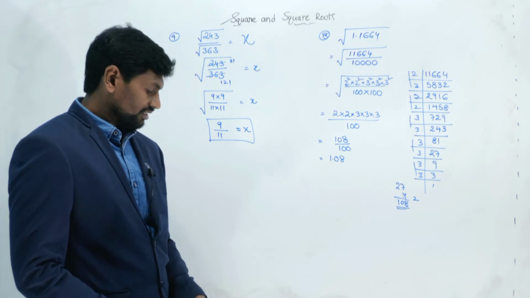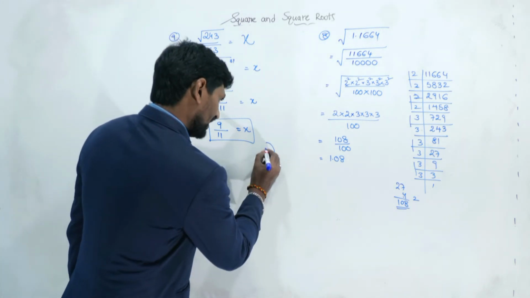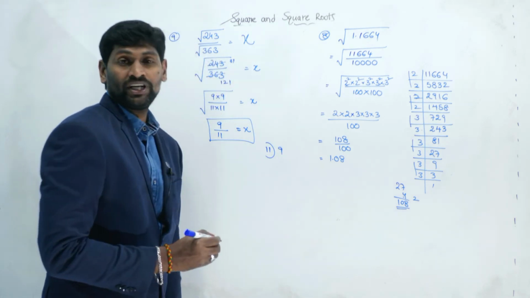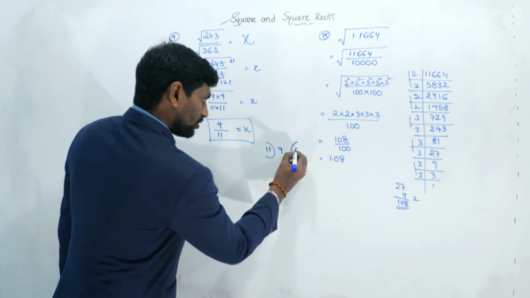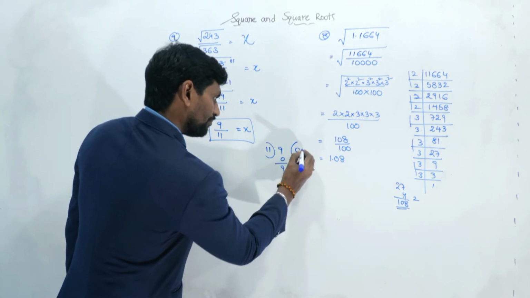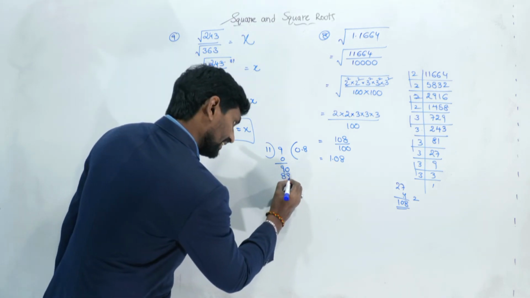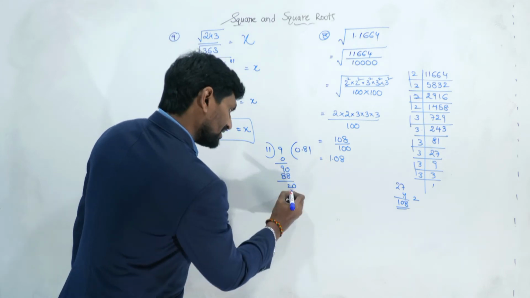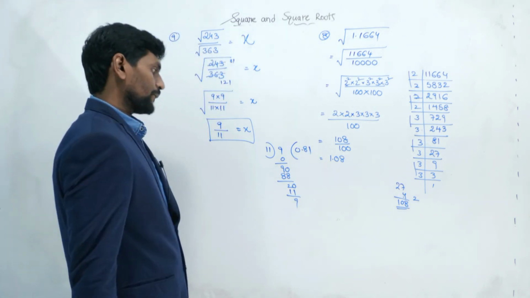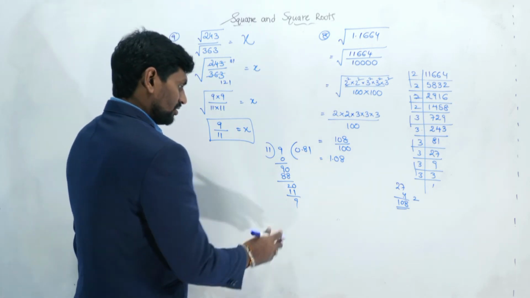So x is 9 by 11, but the answer is given in decimals. So let us check. Always the denominator as divisor, numerator as dividend. 11 zeros are 0, 9 again, put a point, take 0. 11 eights are 88, 2 remainder, 0. 11 ones are 11, 9.